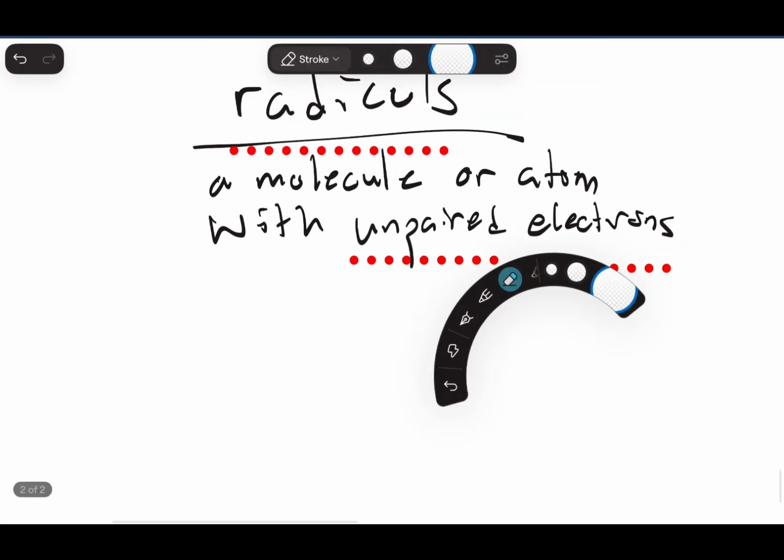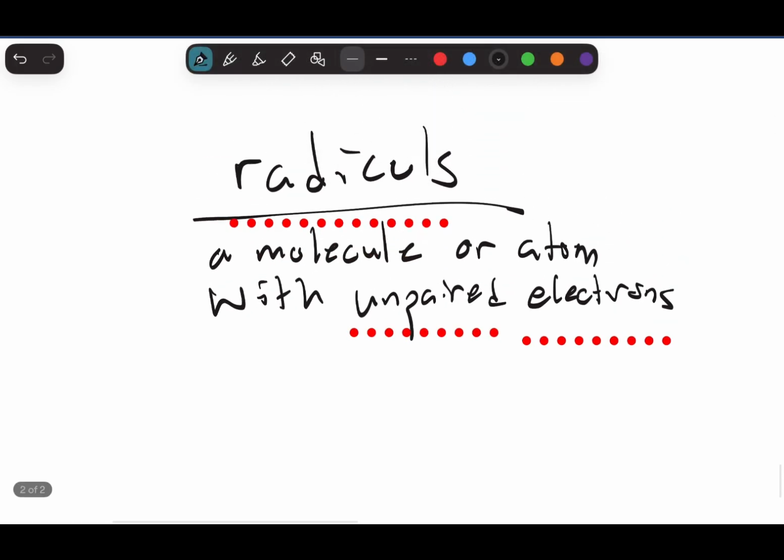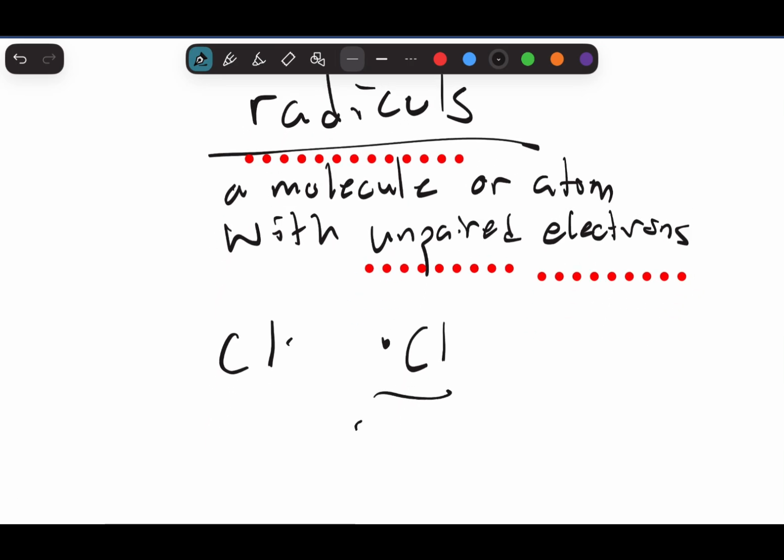Some properties of radicals is that since it has one single electron, so it's not even paired, this electron would want to form a bond with another electron, let's say another Cl radical. Thus, a radical is highly reactive.